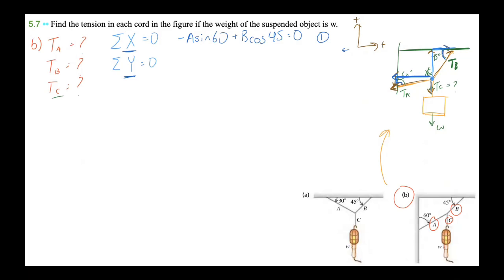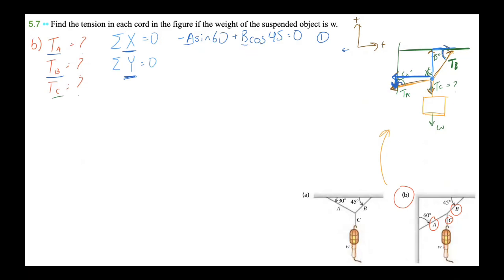All right, now let's do y. Now y is going to be what? So let's start with A again. It's going to be this downwards A component, right? Also, just for the sake of simplicity, instead of writing TA, I'm just writing A. Instead of TB, I'm just writing B, just because it's a little bit faster for me, okay?